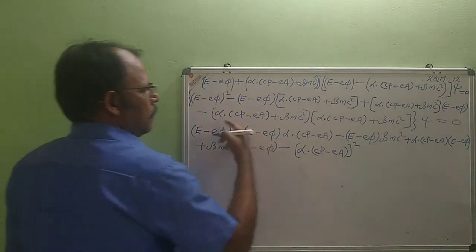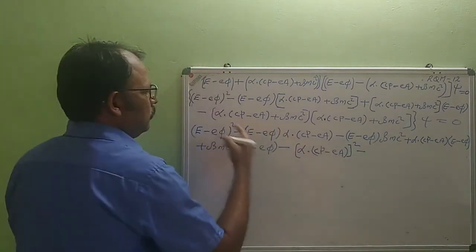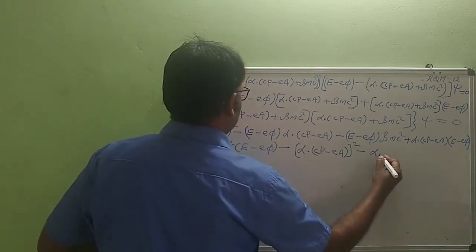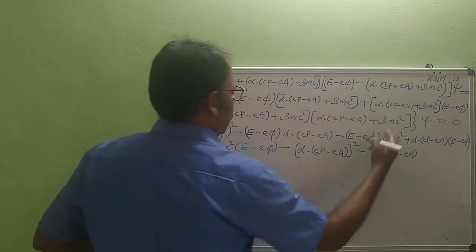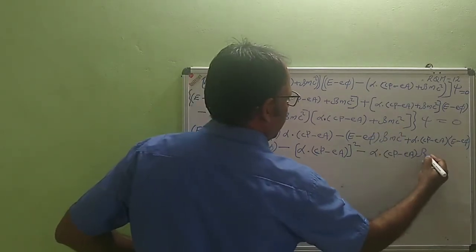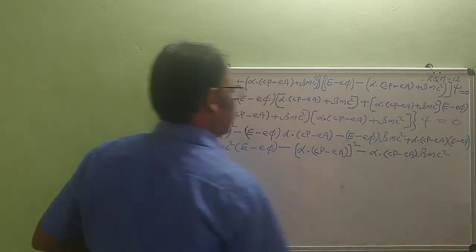Then minus alpha dot (Cp minus Ea) into beta m c square.